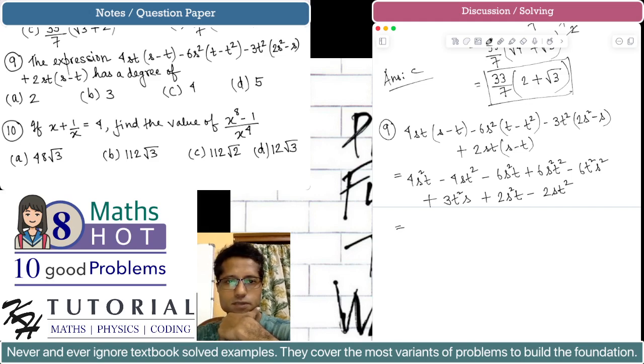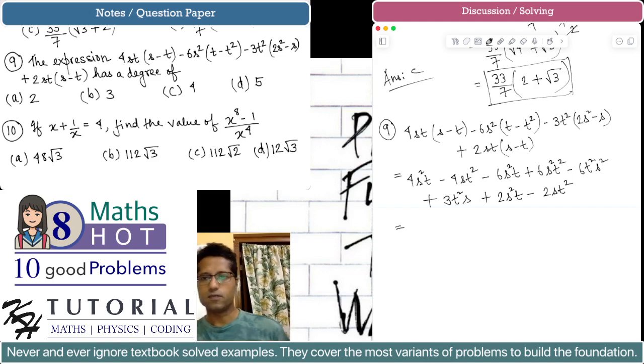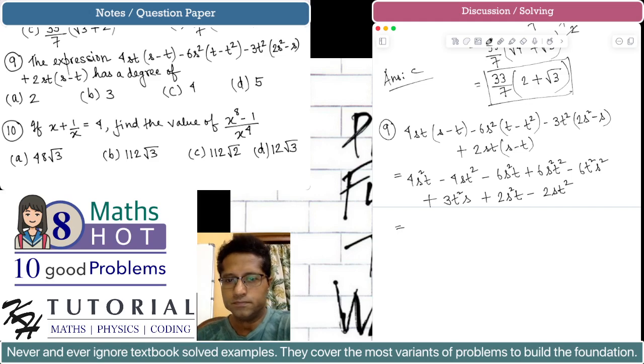So 4 s square t minus 4 st square minus 6 s square t plus 6 s square t square minus 6 t square s square plus 3 t square s, okay, plus 2 s square t and minus 2 s t square, okay.